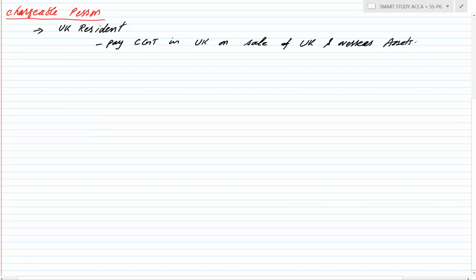So a UK resident person will pay CGT in the UK on sale of UK assets and overseas assets.